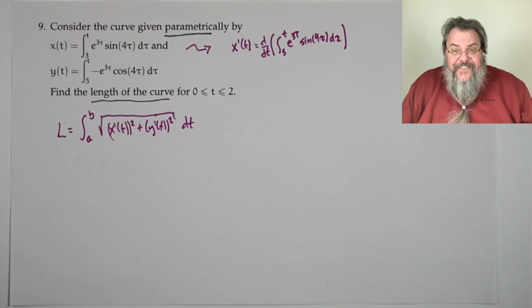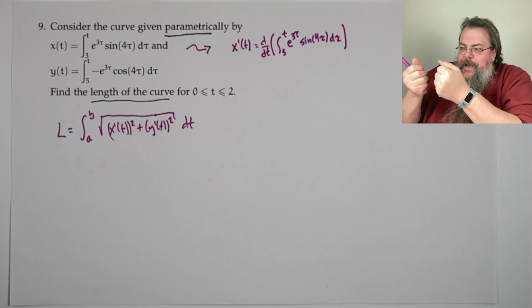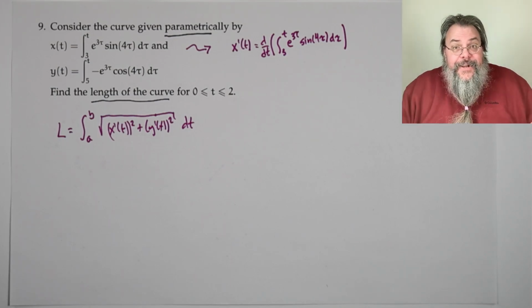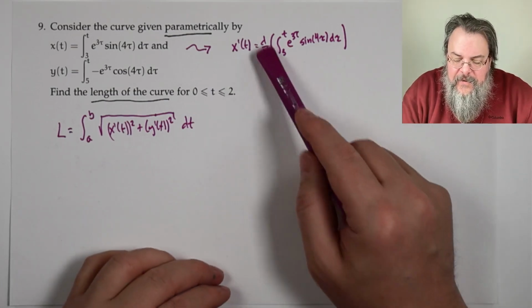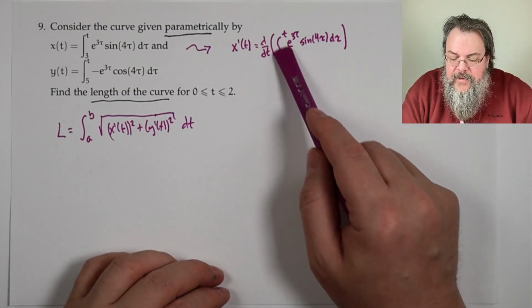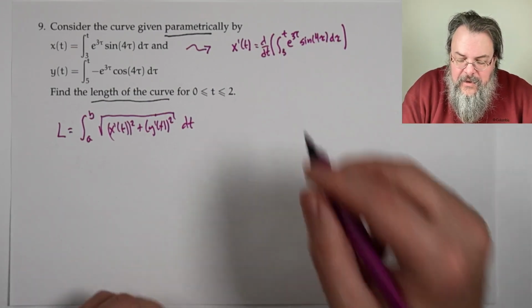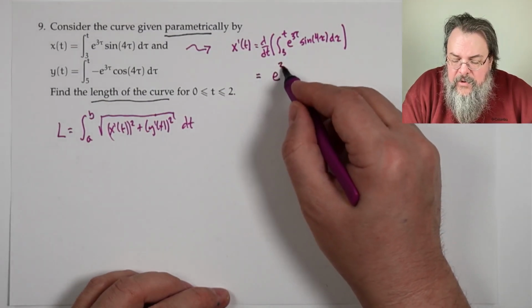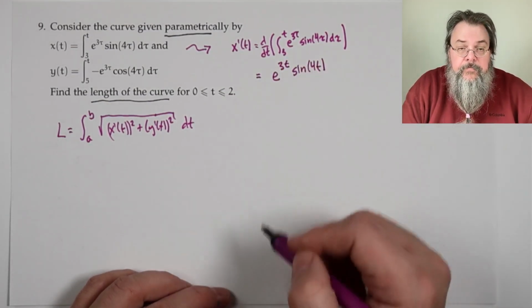Fundamental theorem of calculus! Yes! The fundamental theorem of calculus says, hey, if I integrate and then I differentiate, I'm back to where I started. In particular, the derivative of an integral from a constant to t of something is just that something expressed as a function of t. So x prime is really e to the 3t sine of 4t.